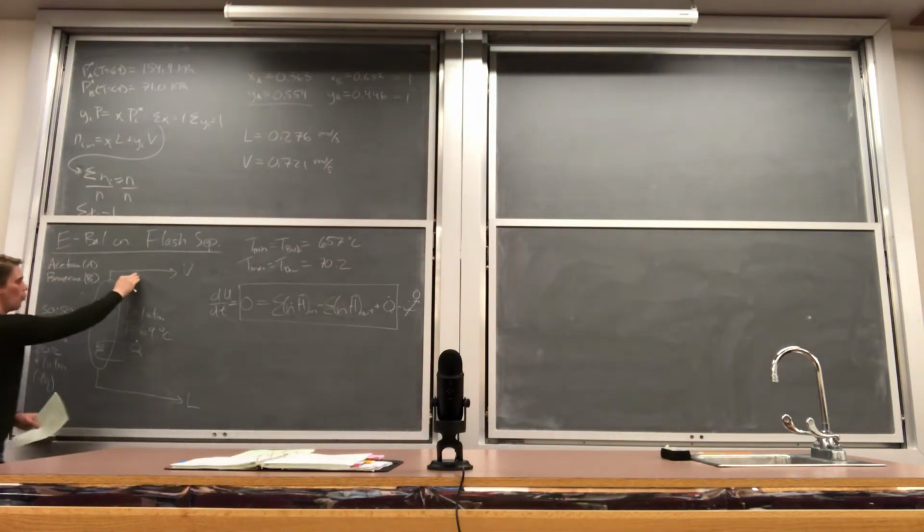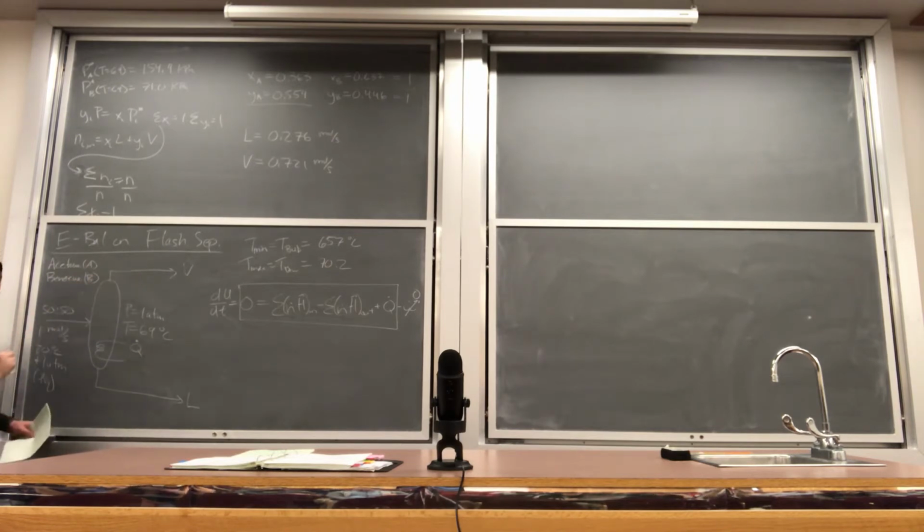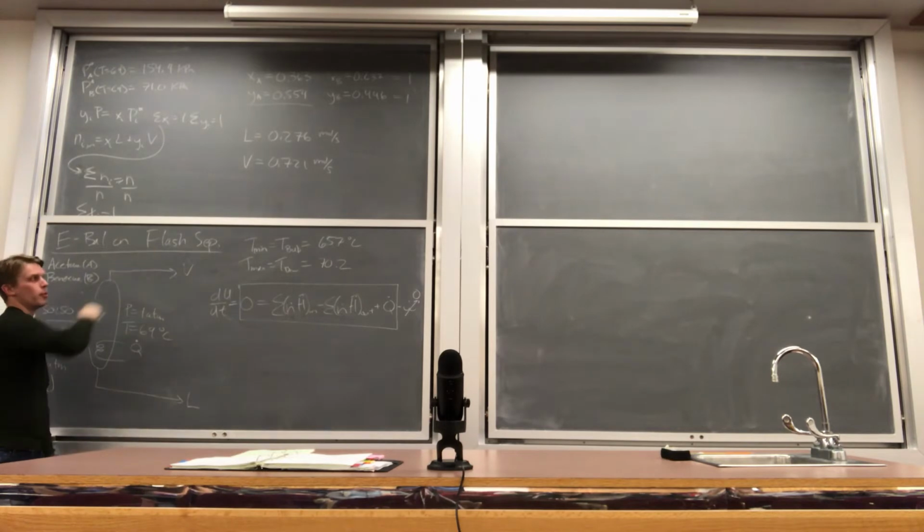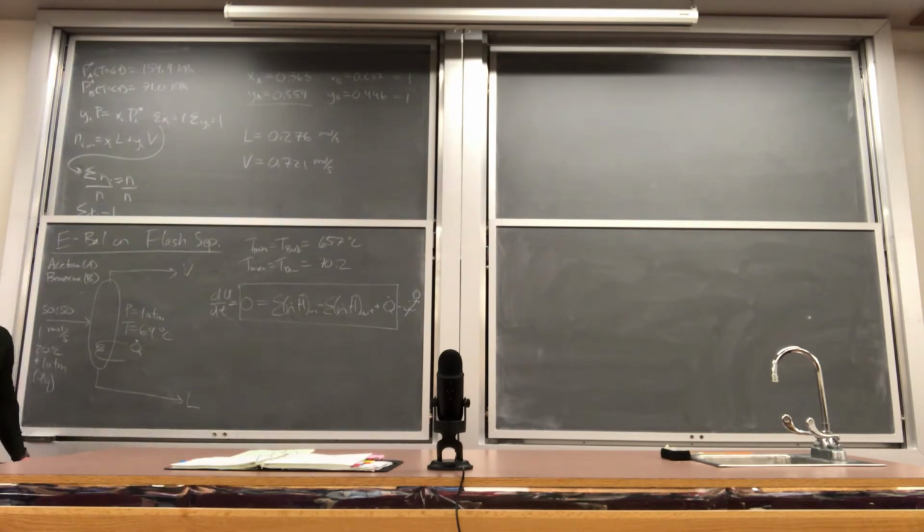How do I know what the molar flow rate of acetone in the vapor stream is? What should I calculate? Do a balance. So I have all the numbers up there. What numbers do I put in here?